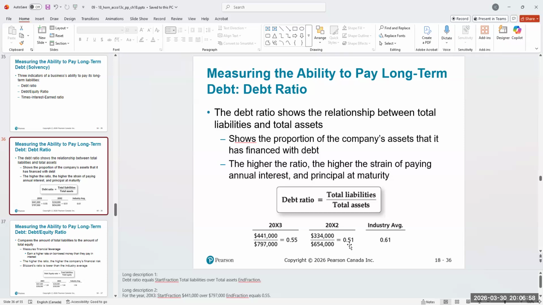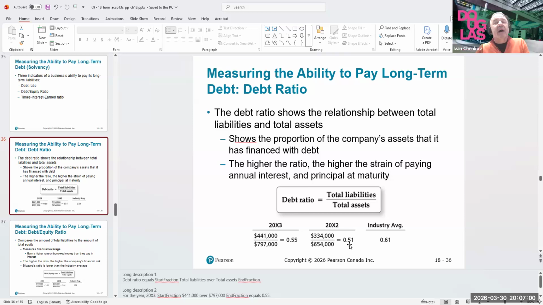I was about to say 49%. And you'll be absolutely correct. Why? Because the total assets are 100, and if the debt ratio is 51, the equity ratio will be 49. There are no other options here.